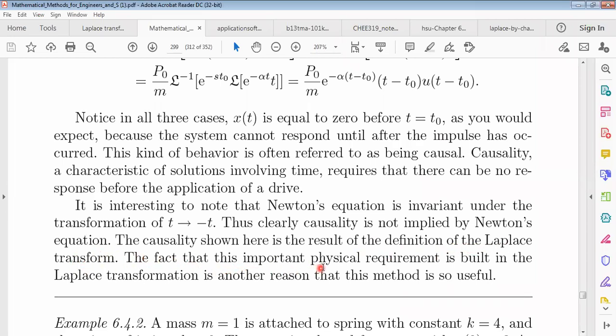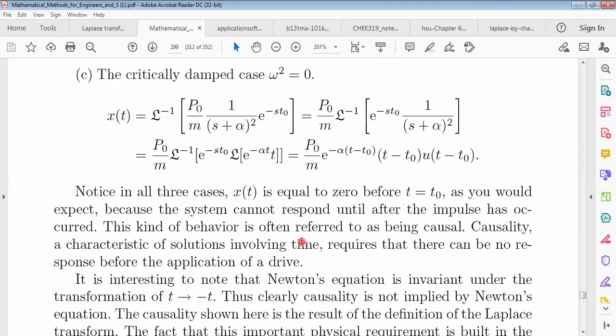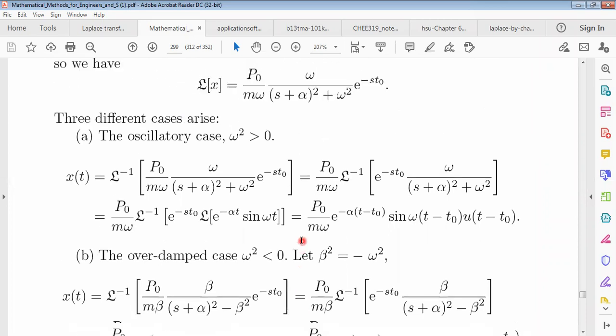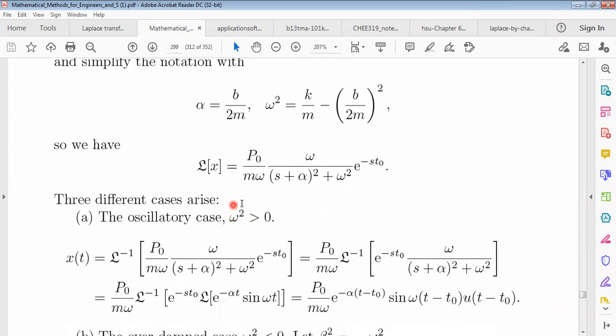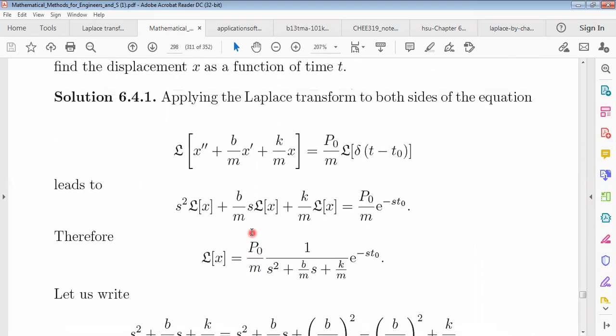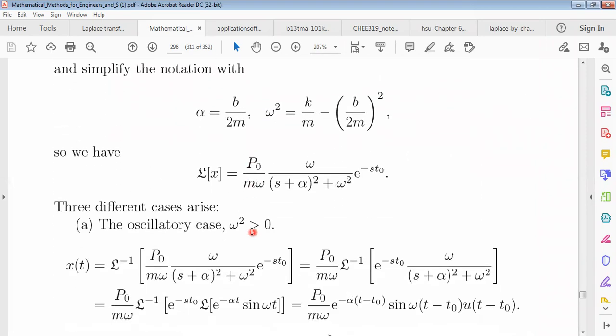The fact that this important physical requirement is built into the Laplace transformation is another reason that this method is so useful here. For this dynamical system, we have discussed three behaviors depending on omega. This is a very important example in mechanical engineering.